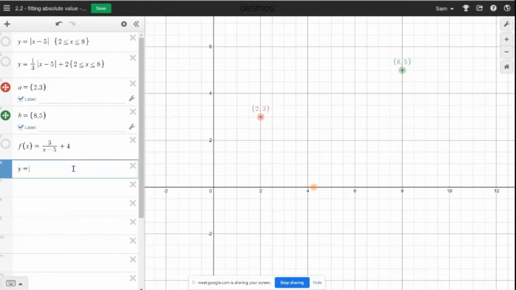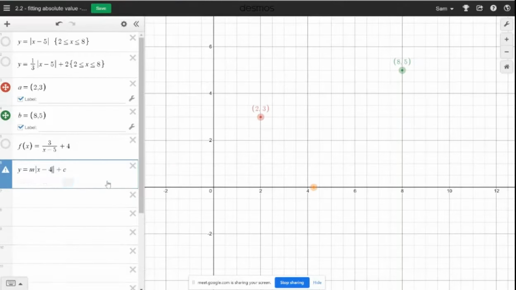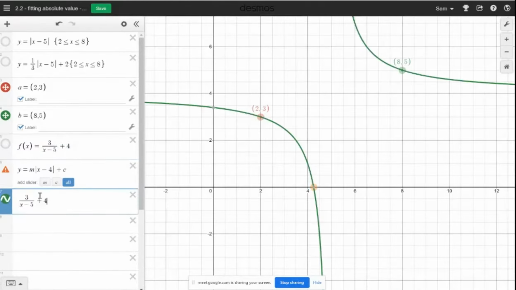What is our absolute value function that will work for that? So we want it to be shifted across by 4, and we need to find out how much we should be shifted up by. We can use our function here.